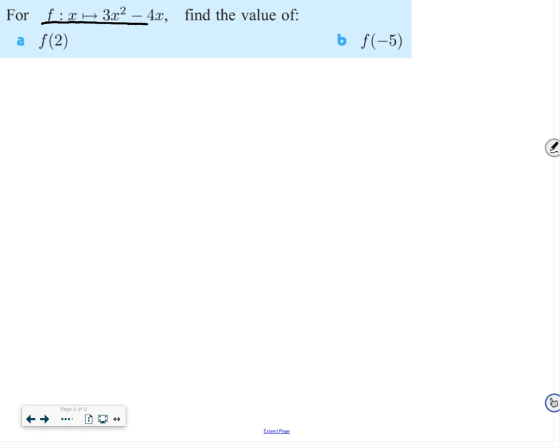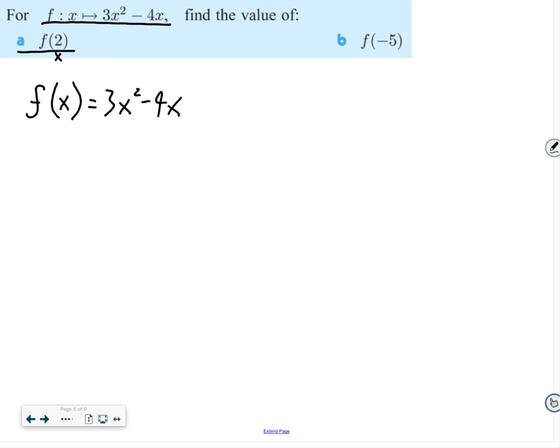This notation is confusing to me, so I'm going to write it in the notation that's familiar to me, which is f of x is equal to 3x squared minus 4x. Okay, so part A wants me to evaluate when x is equal to 2.